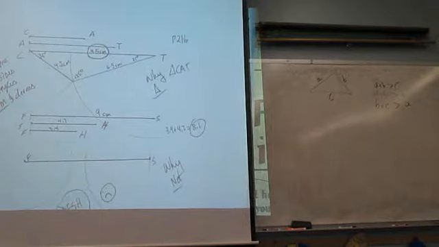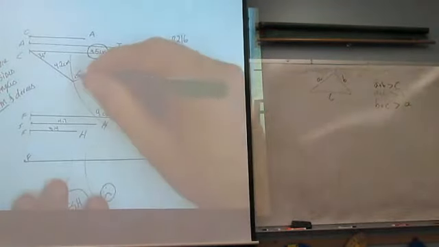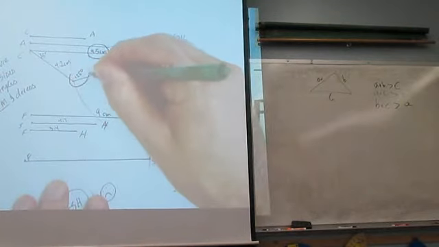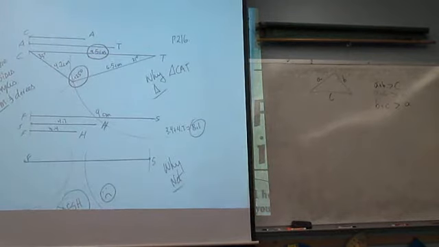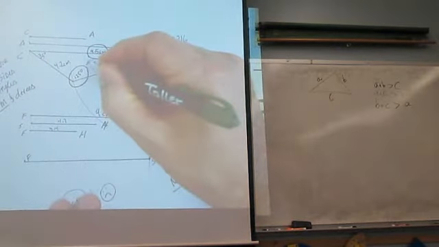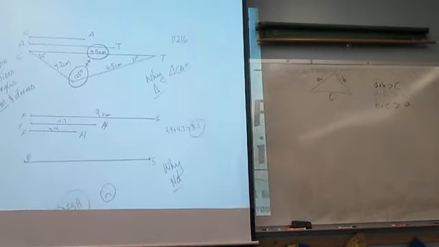And which one is the largest angle? Okay, so circle the largest angle like that. And what do you know about the relationship there? Where do you find the largest side and the largest angle? They're opposite each other. Okay? Largest side is opposite the largest angle.